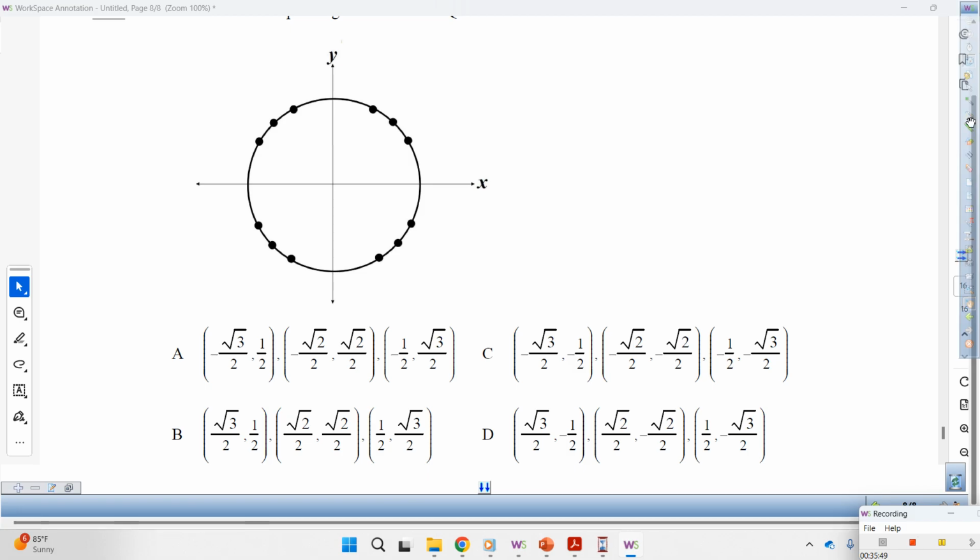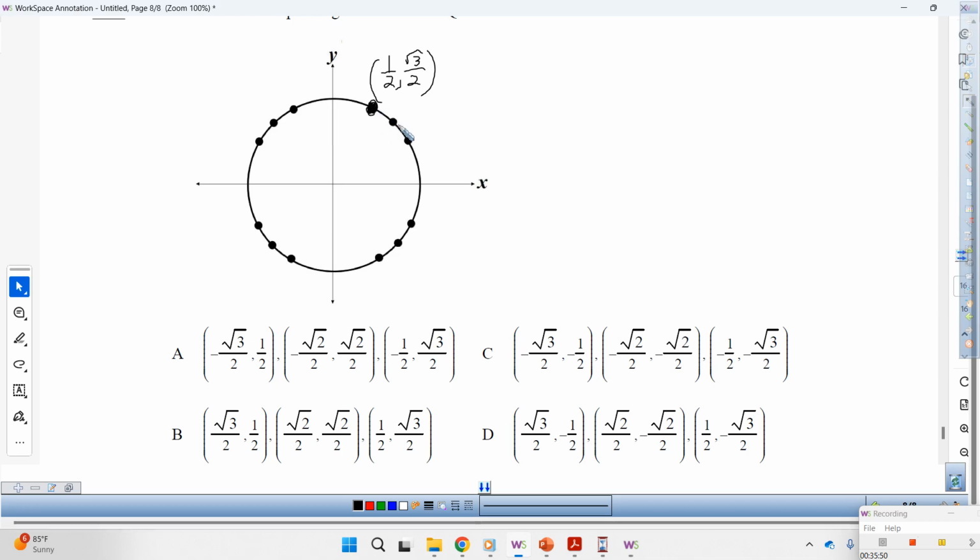All right. So when you get to this one, look up. First things first. Start with this point right here. You always start with half, square root 3 over 2. I'm going to show you my shortcut in filling this out. Next, I'm on this one.